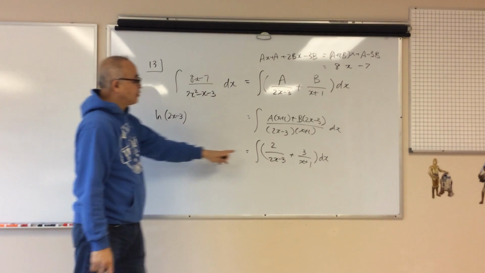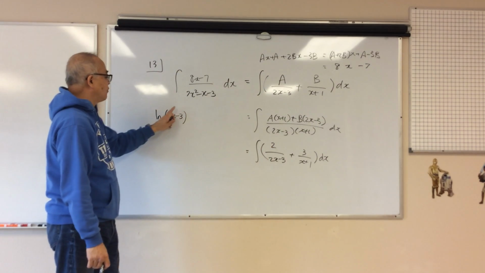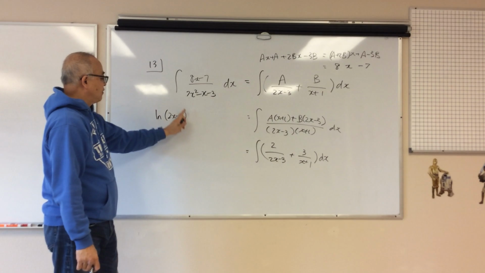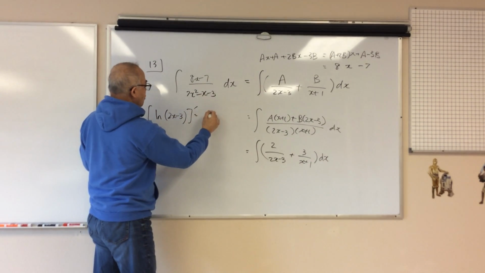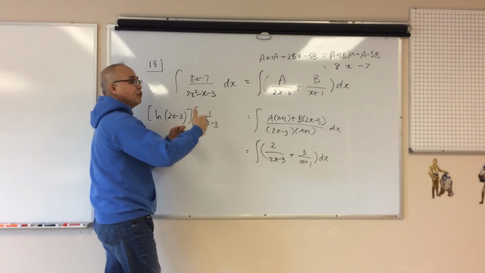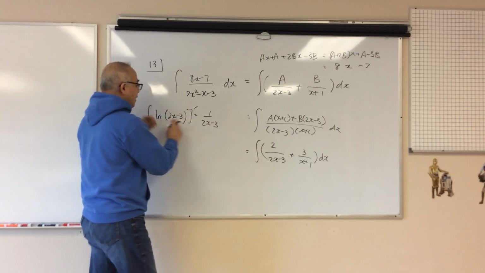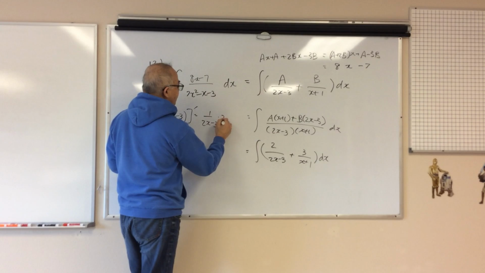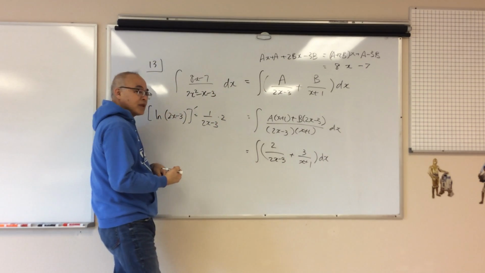Well, Mr. Brown, what happened to the 2? What happens to the 2 is that if you take the derivative of this, I get 1 over 2x minus 3, but then I have to do the chain rule, so I multiply that by 2, which ends up being this. That's where that 2 goes away.